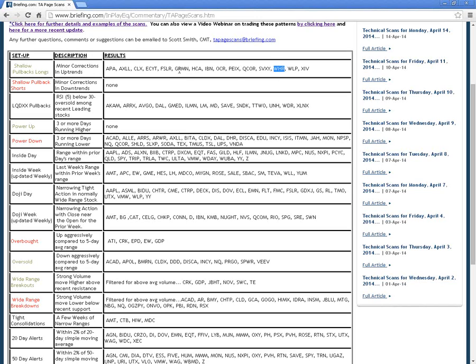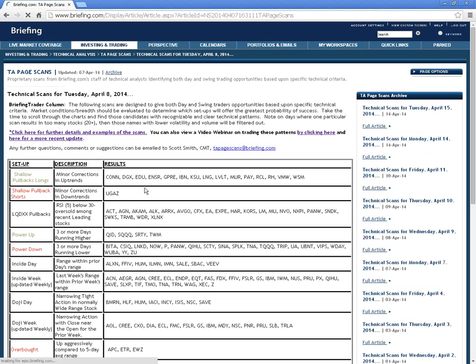Staples would be WHR and Clorox. Maybe an energy name, and I know energy's been strong lately. Ideally, I would have liked to have seen maybe a utility in here, because I know the utility sector is really strong. So I'm keeping the themes and the sectors' strength and weakness in my mind all the time.